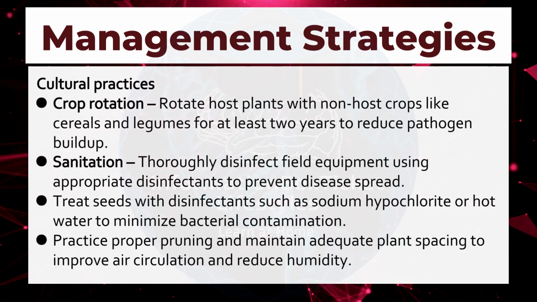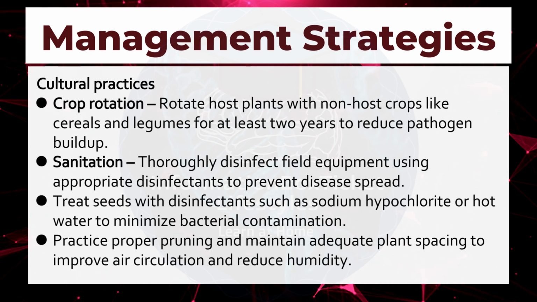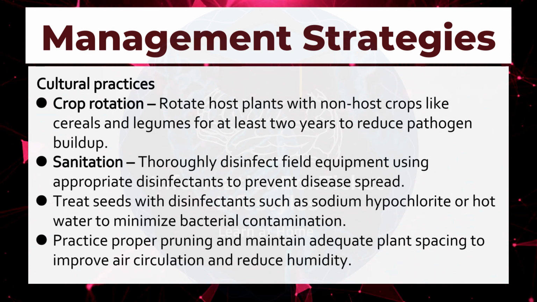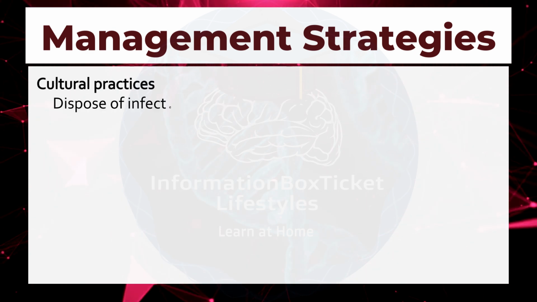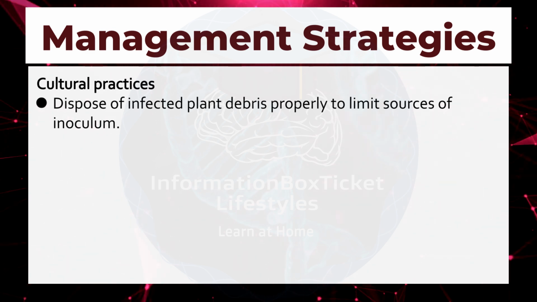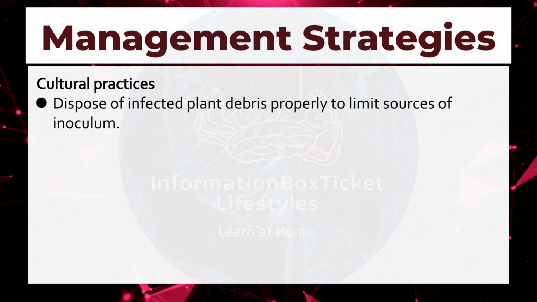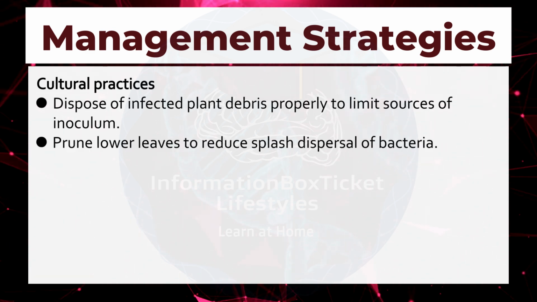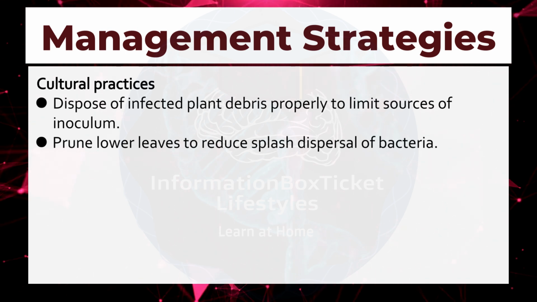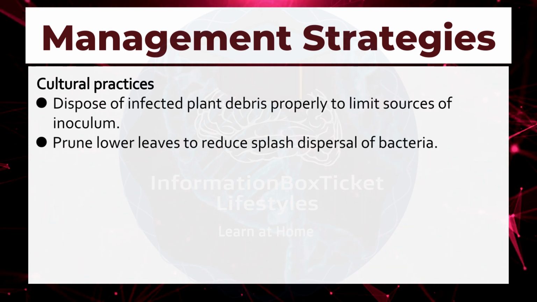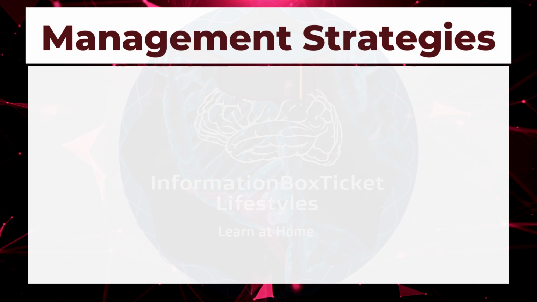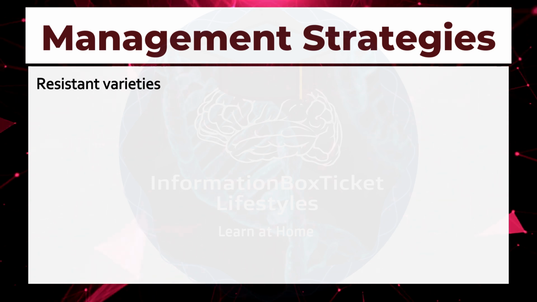Practice proper pruning and maintain adequate plant spacing to improve air circulation and reduce humidity. Dispose of infected plant debris properly to limit sources of inoculum. Prune lower leaves to reduce splash dispersal of bacteria. Resistant varieties.